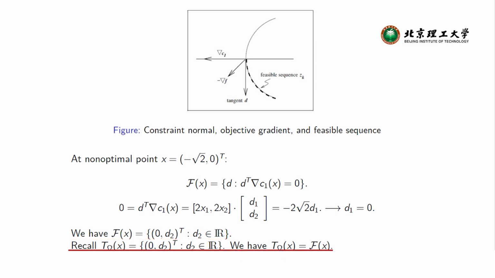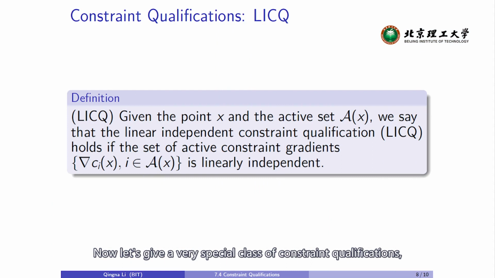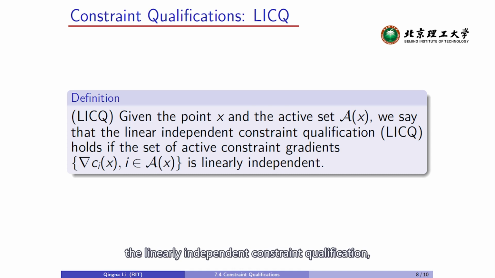In other words, under some conditions, the linearized feasible direction is exactly the tangent cone at the same point. So you may ask, under what condition will the conclusion hold? This brings us to constraint qualifications. Now let's give a very special class of constraint qualification, which is LICQ, the linearly independent constraint qualification.